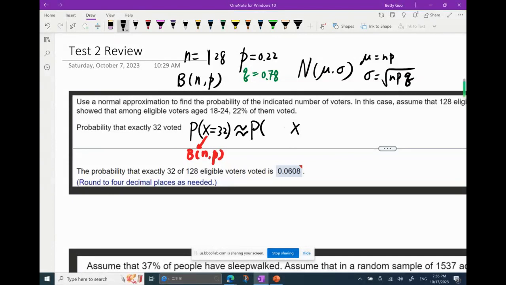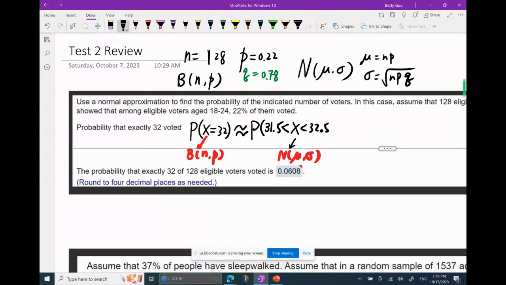Here, x is normal, and the continuity correction we are going to apply is to give x a range, an interval bigger than exactly 32, so 31.5 to 32.5.